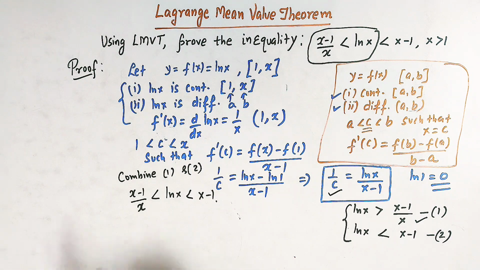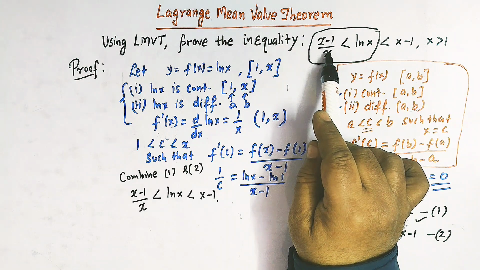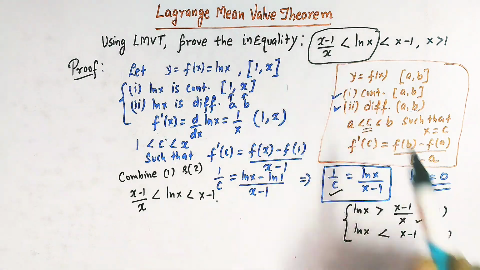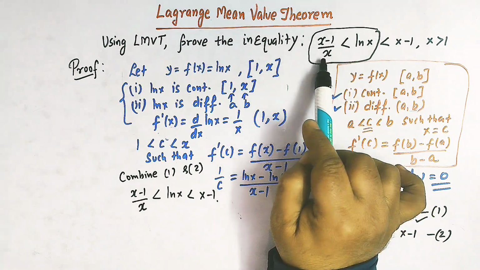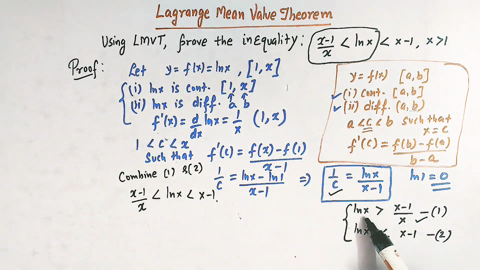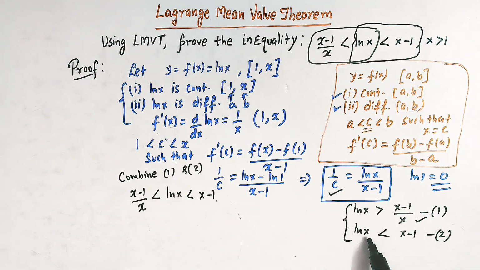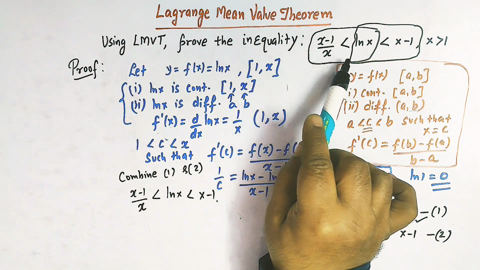So viewers, whenever we come across these kind of inequalities in which we have three quantities, what we usually do is first frame an inequality considering two quantities. So here we have (x minus 1) over x is less than log of x, and in the second part we take the other two quantities, that is log of x is less than x minus 1, and then we combine both the inequalities to get what we have to prove.